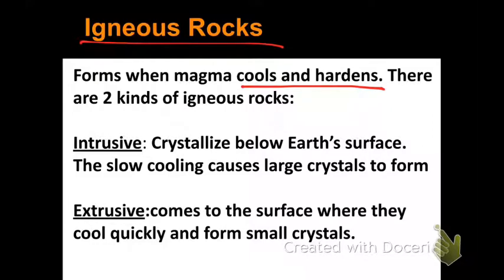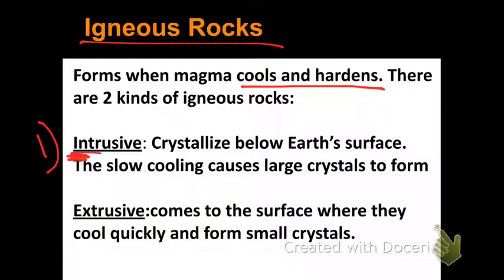There are two types of igneous rocks. The first one is an intrusive igneous rock. Intrusive igneous rocks occur within the earth. So intrusive starts with IN, so they occur within the earth. So that's what this is saying.